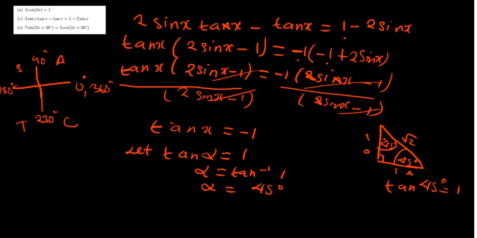Tan is negative in the second and the fourth quadrant, so the angle lies there and there. The angle we have found is 45 degrees, so we need to find this angle and that angle up to here.